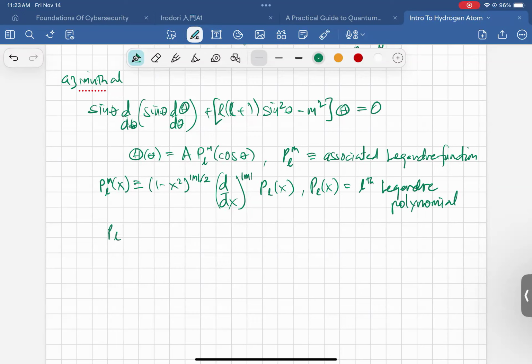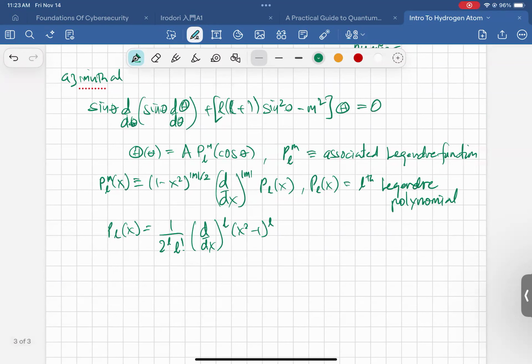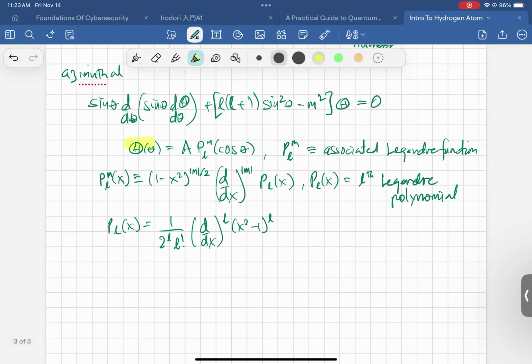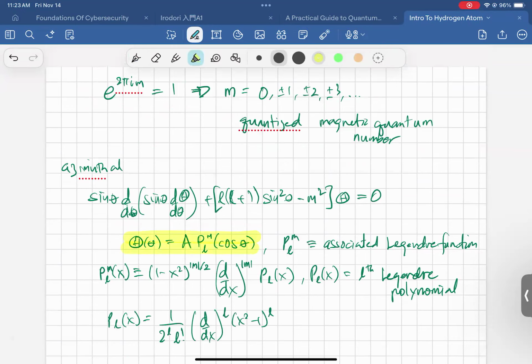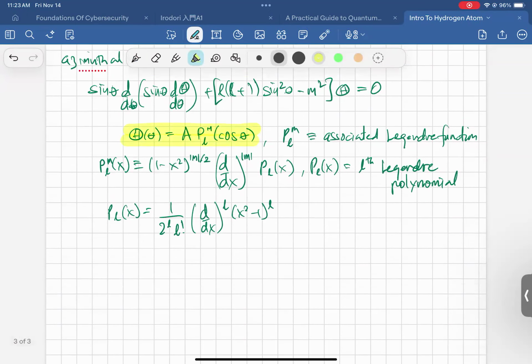And that is given by this one, 1 over 2 to the L factorial, d dx to the L, x squared minus 1 to the L. Okay, so emphasize ko lang na ito ang solution. Okay. Okay, so pag sinusulat niyo yung final answer, yan ang dapat yung isulat na final answer. Okay. Hindi lang yung mga Legendre function tsaka Legendre polynomial. Okay?